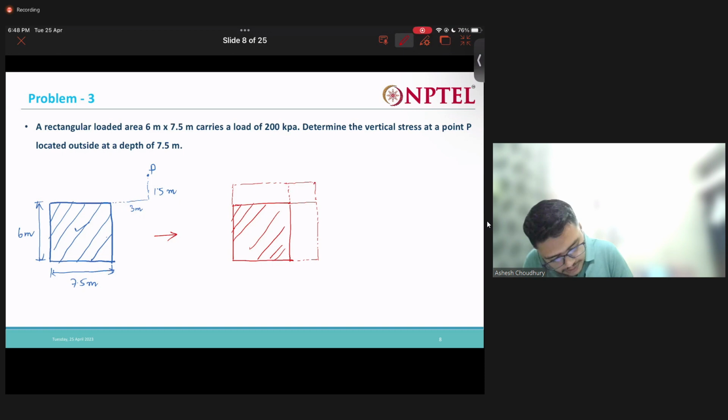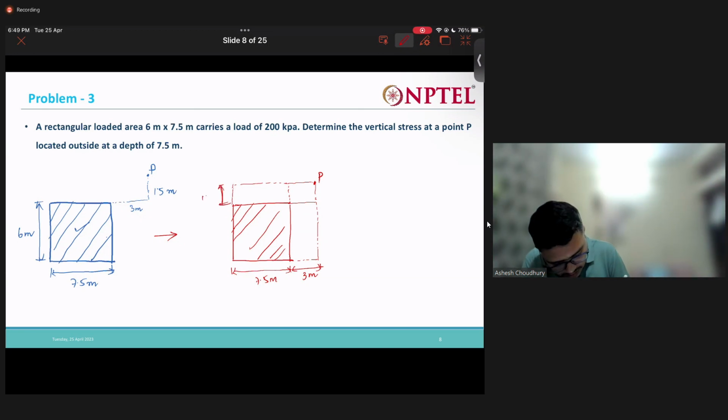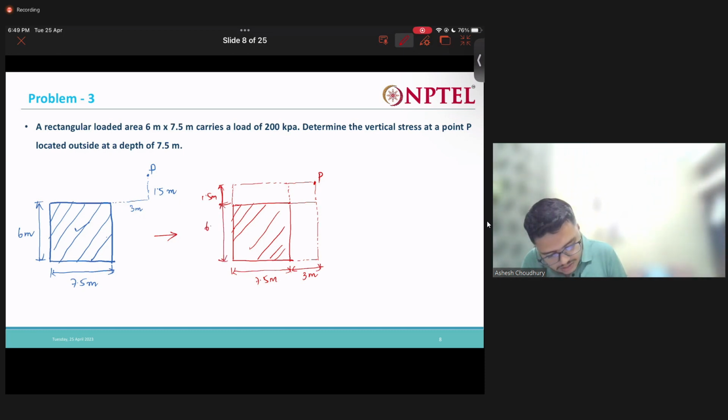Okay, so our P point is here. So this much, it's 7.5 meter. This much will be 3 meter. Okay, this much is 1.5 meter. This much is 6 meters.